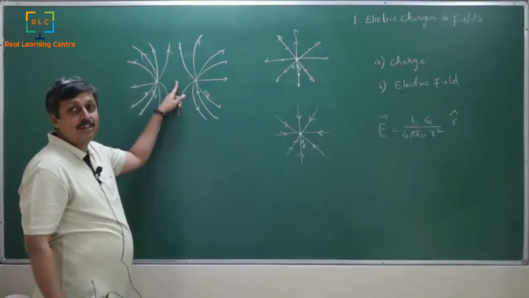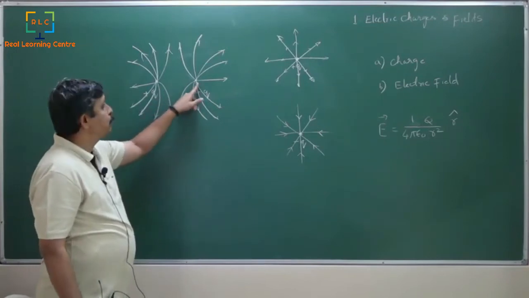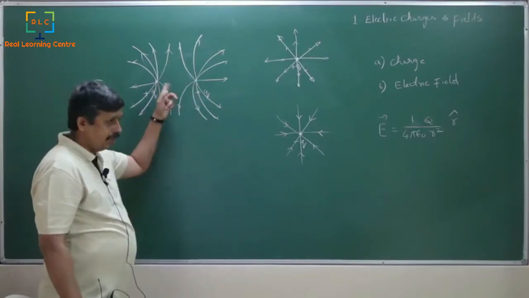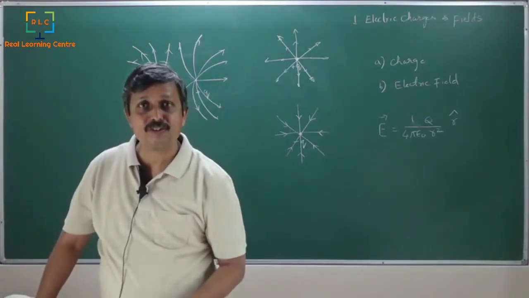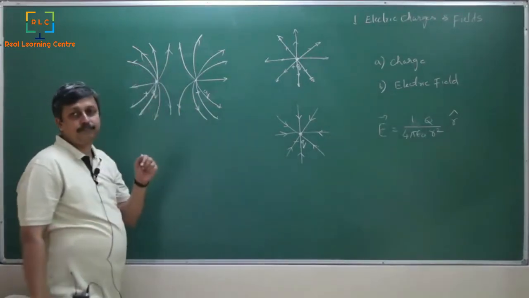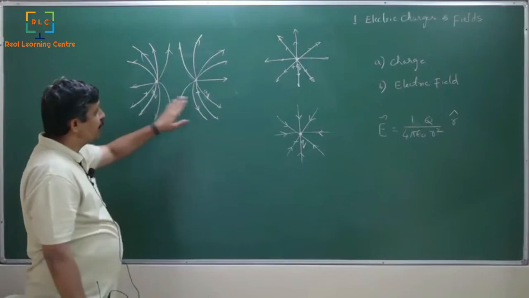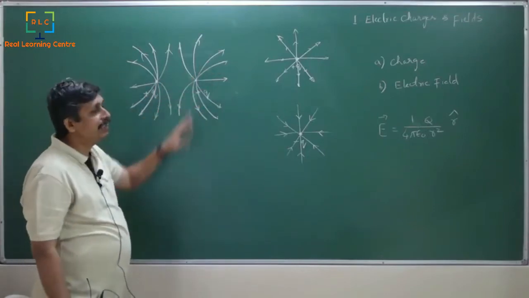Why is it zero? If you put a unit positive charge there, it will be pushed by this charge and by this charge equally in opposite directions, and net force is zero. So net force zero means net E is also zero. If you had negative charges in both, they would also look like this, only with the arrows reversed.